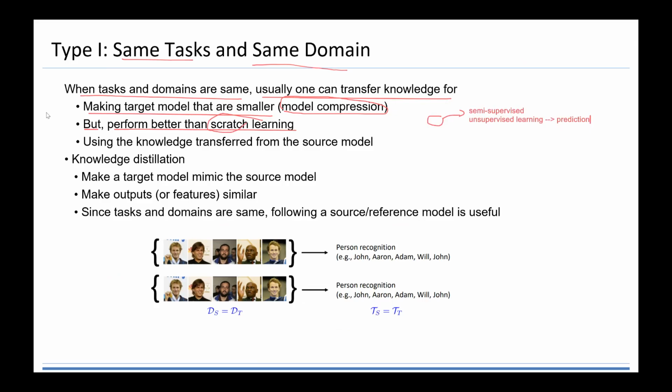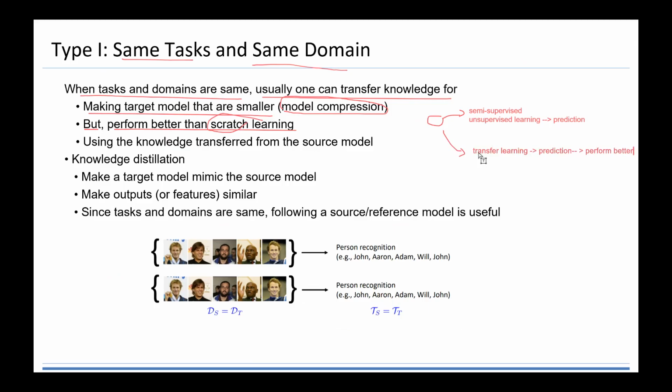Then maybe the result is not better than transfer learning. The other way is to do the transfer learning first, and after that we make the prediction. Usually this one performs better.